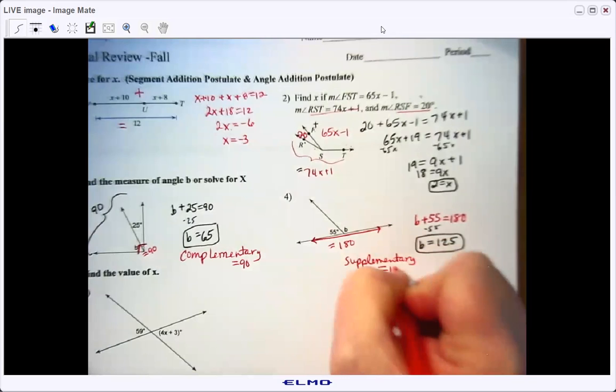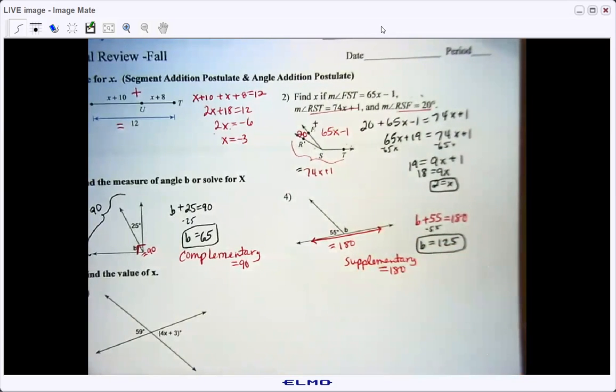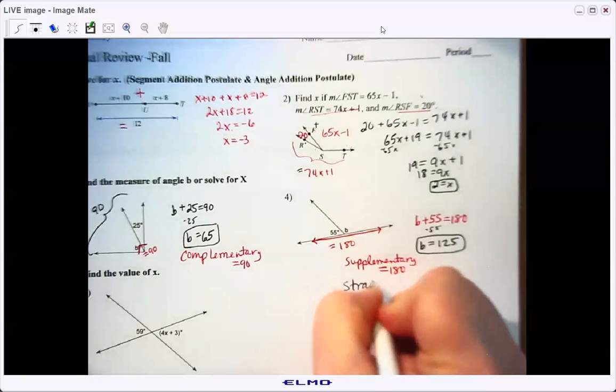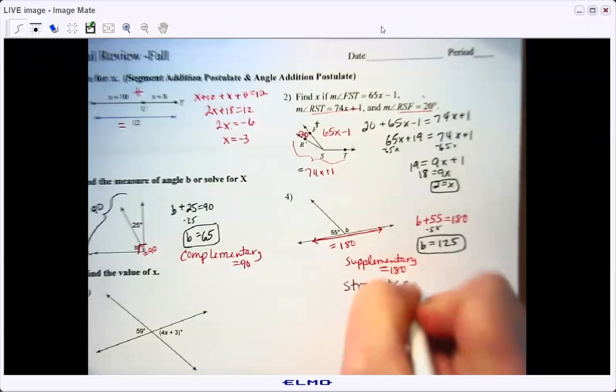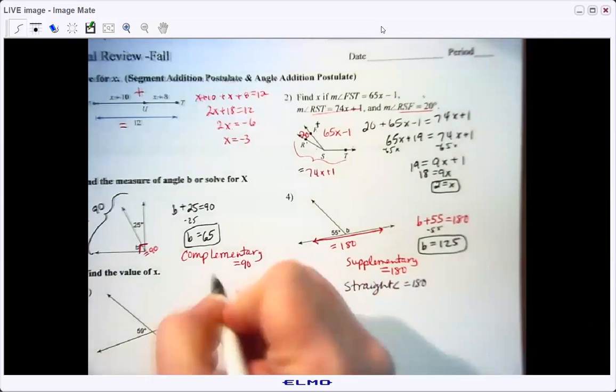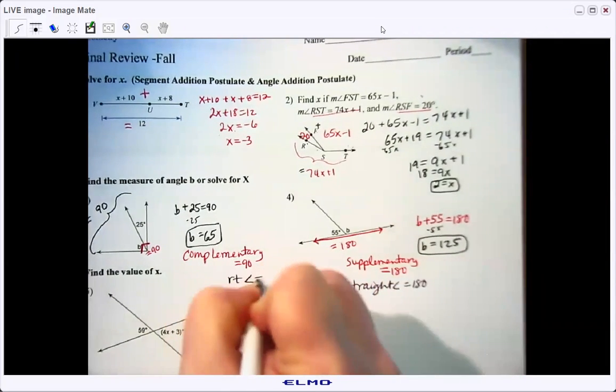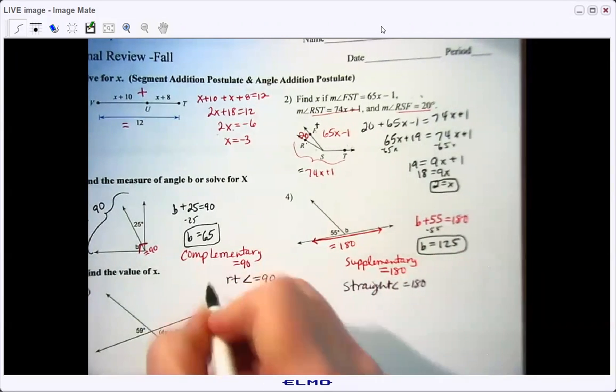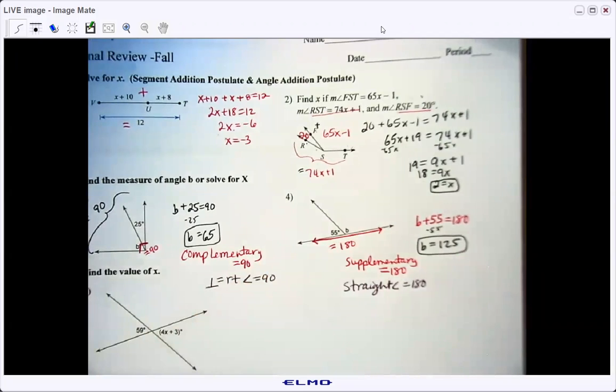Supplementary when it equals 180. It's a straight angle. So this is a straight angle when it equals 180. This is a right angle when it equals 90. This is also when it's perpendicular.